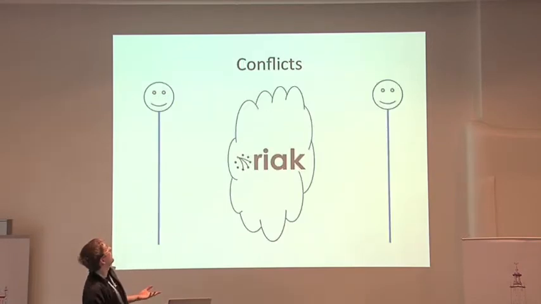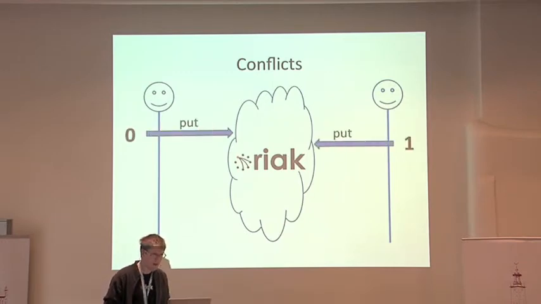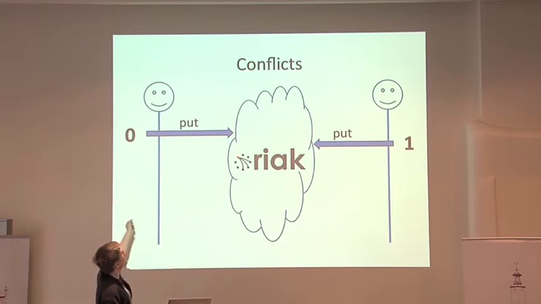So then, the next question is, what happens when you have more than one user? So here, we've got two guys writing and reading from the database. So what happens if they write at the same time? So this guy writes 0, this guy writes 1.